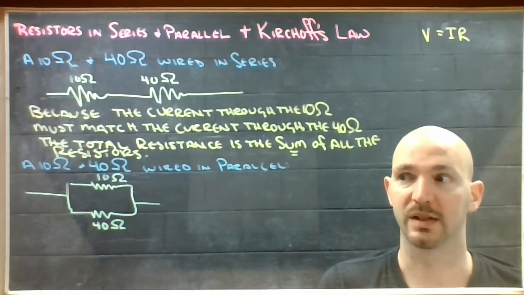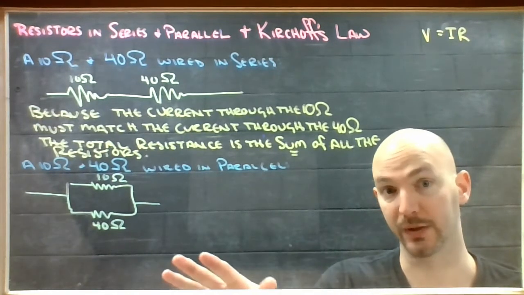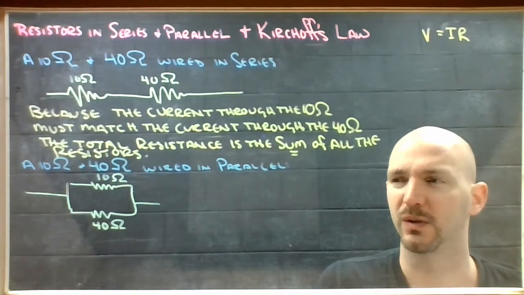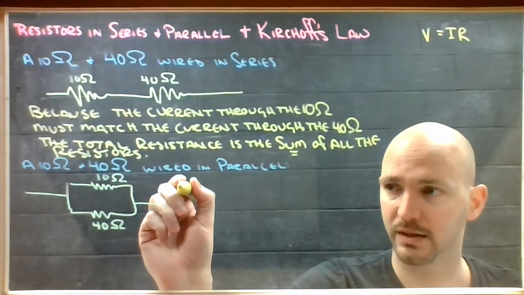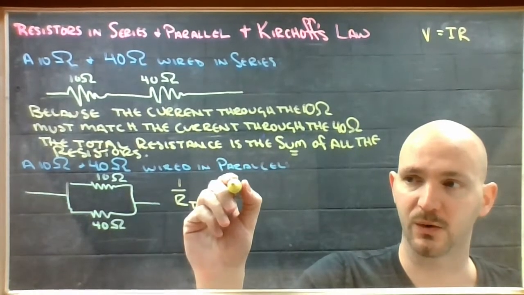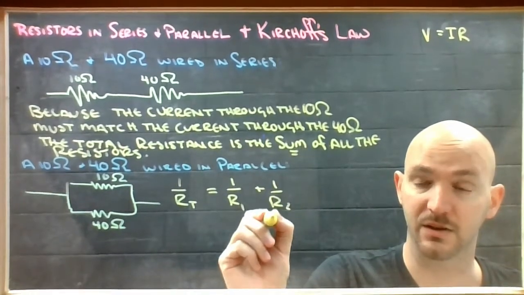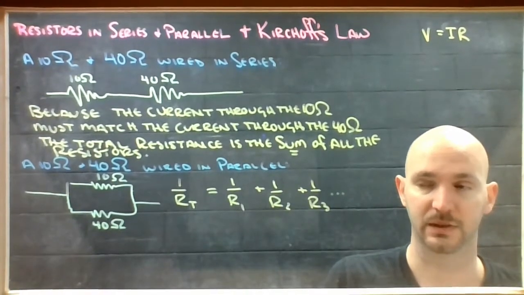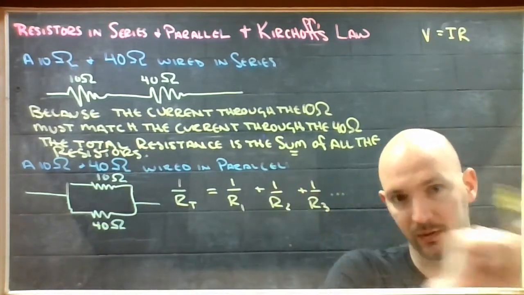When you're doing the total resistance of a parallel structure, you have to use a funny little calculation. So I'm just going to do it first, and then we'll try and justify it using Kirchhoff's law. So if I was to try and find the total resistance of this, the basic rule is that 1 over the total resistance of the circuit is equal to 1 over the first resistor plus 1 over the second resistor plus 1 over the third resistor, etc. So in this particular diagram, I only have 2, so I don't need this or any of the ones that came afterwards.